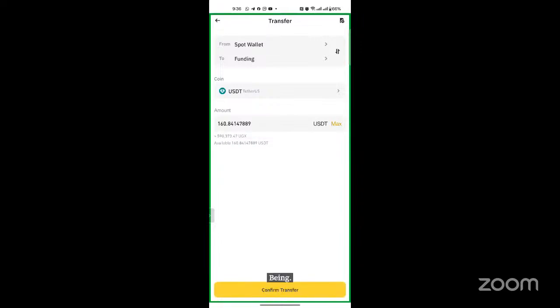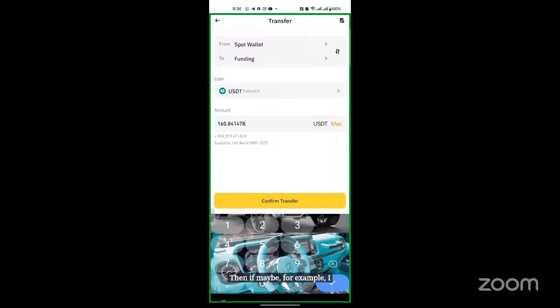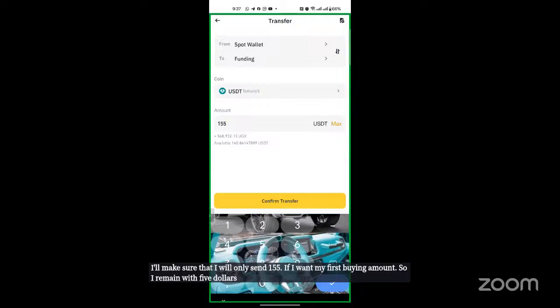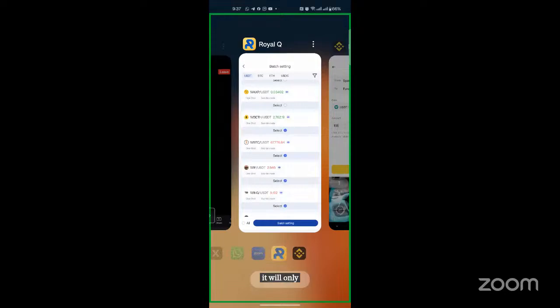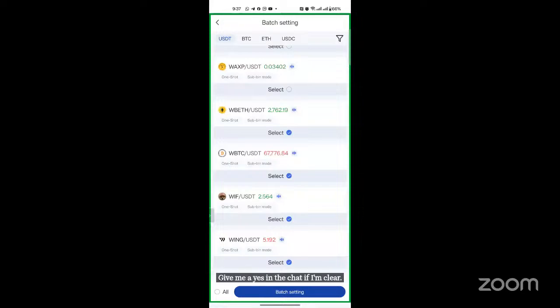Then for example, if I have $160, I'll make sure that I only send 155 if I want my first buying amount to be $5. So I remain with $5. So when it is looking for coins, it will only use $5, which is my first buying amount. Give me a yes in the chat if I'm clear.